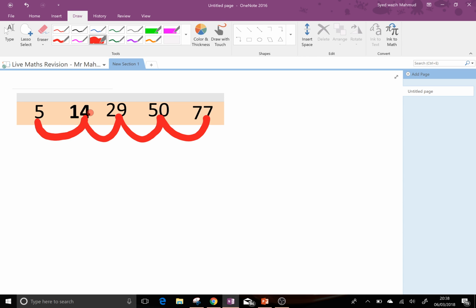So 14 take away 5 is 9. Then is 15, 21, 27.